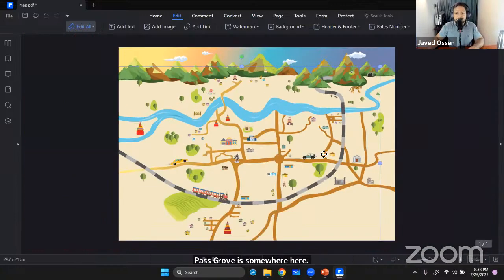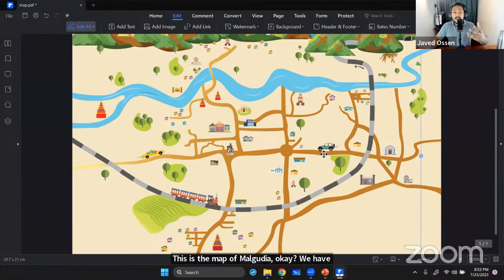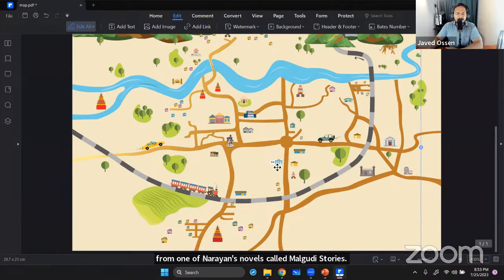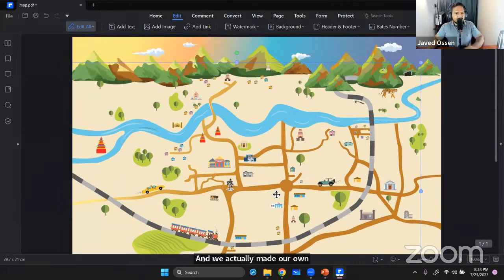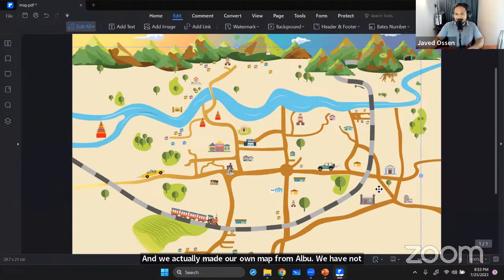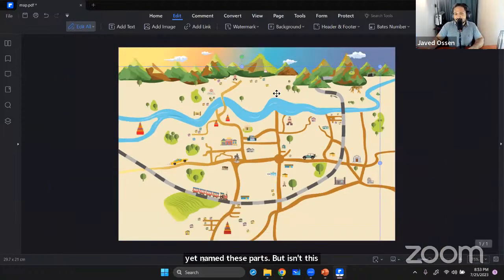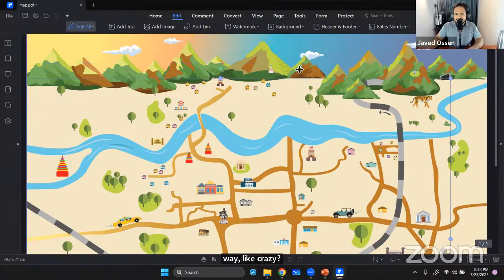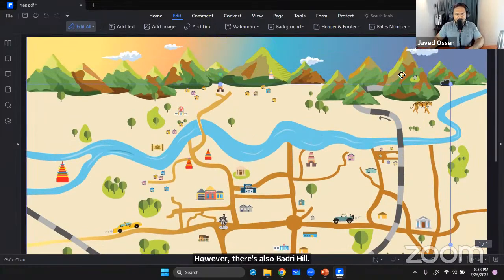We have taken this from one of Narayan's novels, Malgudi Stories, and we actually made our own map for Malgudi. We have not yet named these parts, but isn't this amazing, by the way? However, there's also Badri Hill. Badri Hill is somewhere here, right? On top of Badri Hill, there's something here. Here's Badri Hill.